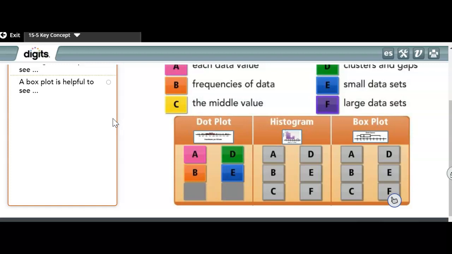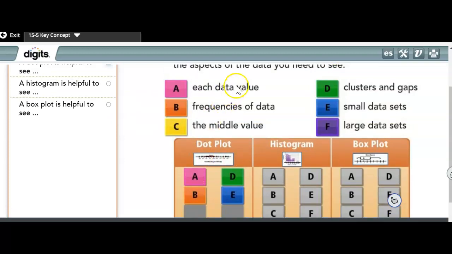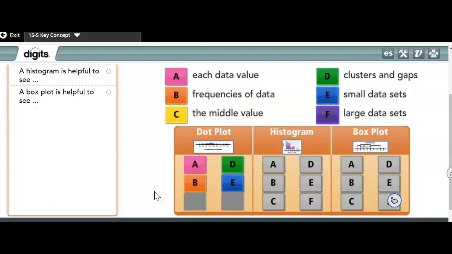All right. Make sure in your guided notes you wrote where it says dot plot in A, you write each data value. B, frequencies of data. D, clusters and gaps. E, small data sets.